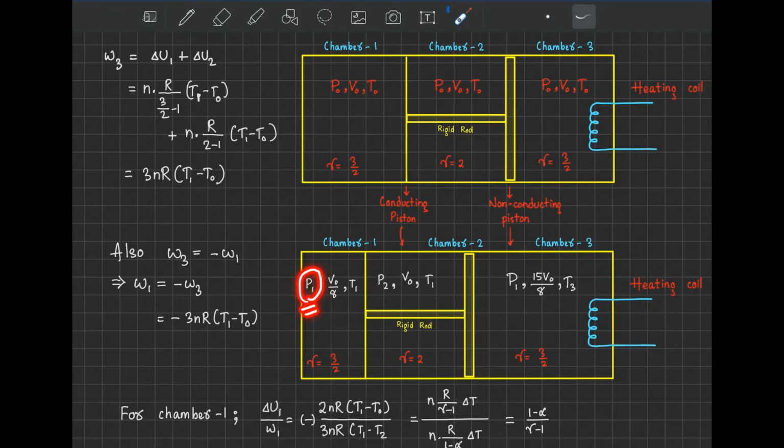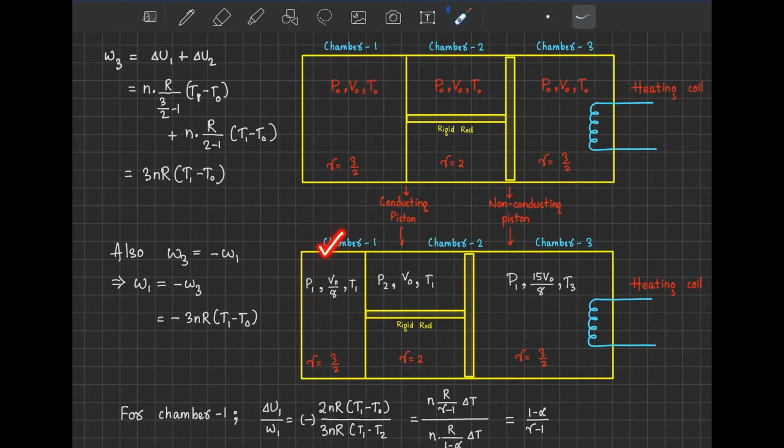According to the concept we just discussed, this P1 and this P1 must be the same. At the final state, the pressure from this side and from this side must be the same, because at equilibrium the net force should be 0, so the net pressure on the piston is 0. That means the left side pressure and right side pressure should be the same. So here P1 and here also P1.